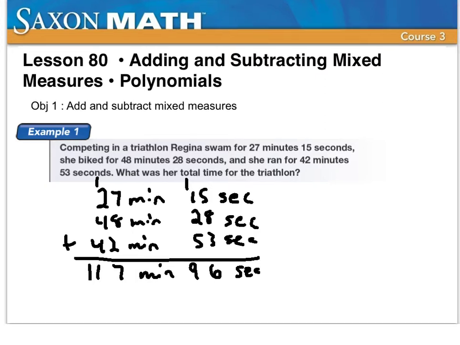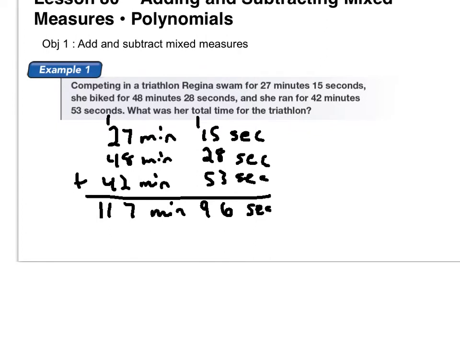Alright, since we've got minutes and seconds here, I'm going to rewrite this in a different way, because here I've got over 1 minute. So this is 117 minutes plus 96 seconds.